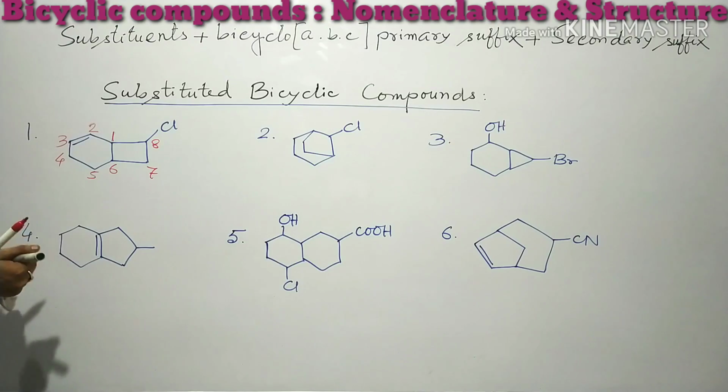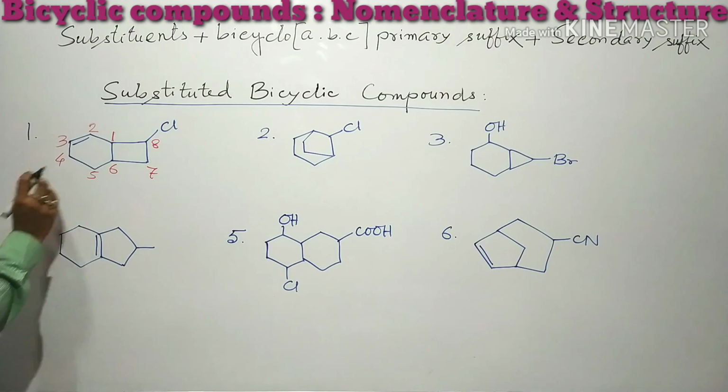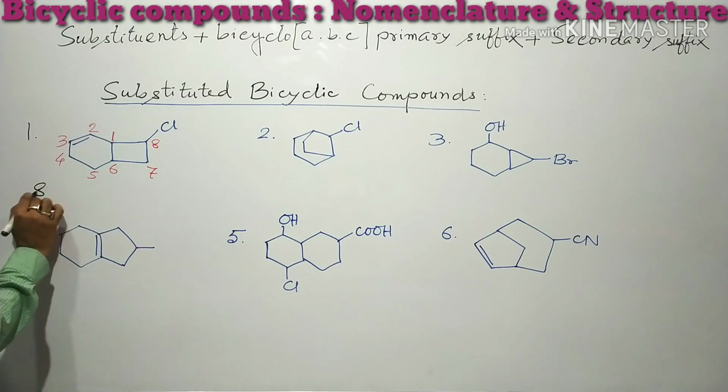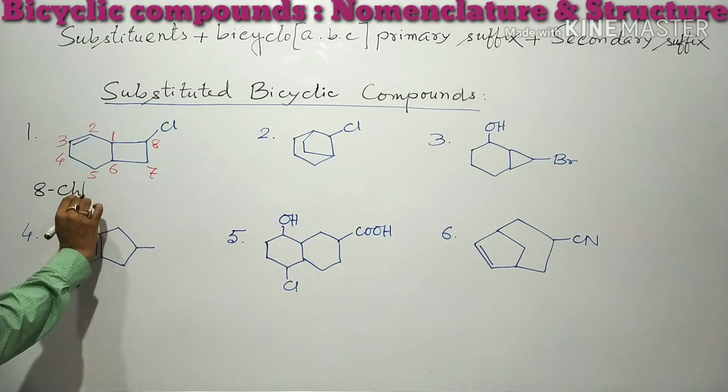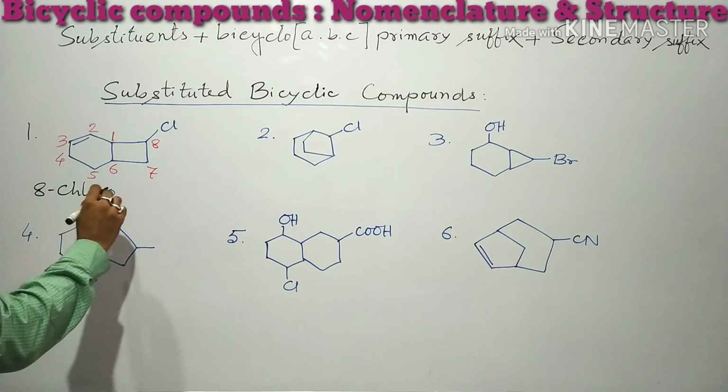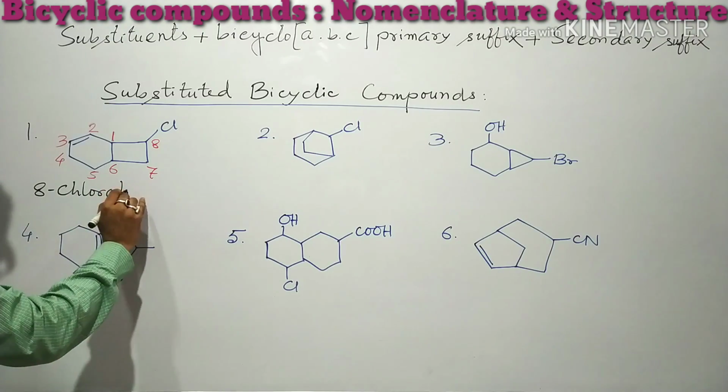So the name of the compound is 8-chloro. The substitution is at 8 position. Definitely bicyclo.